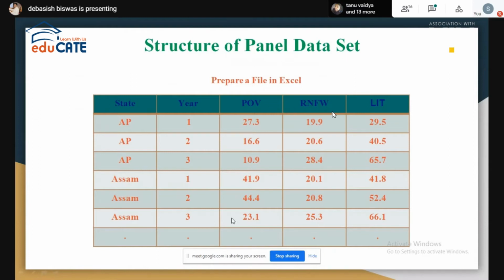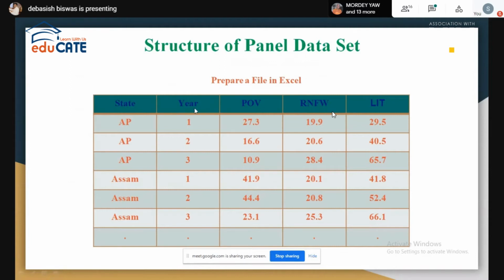So how will you prepare it? Just open your Excel file and first you specify the cross-sectional unit. You may note it down. First of all, you must specify your cross-sectional unit.